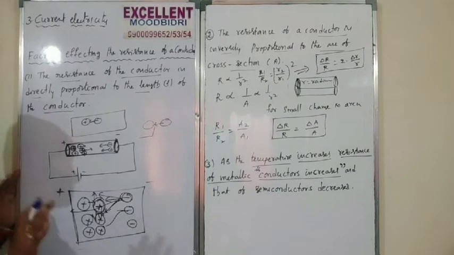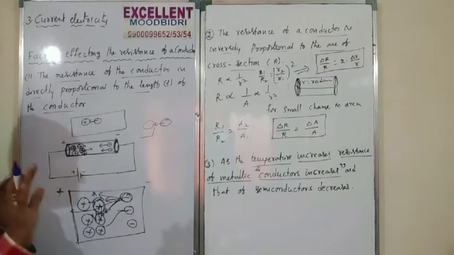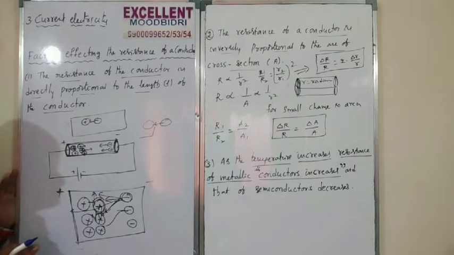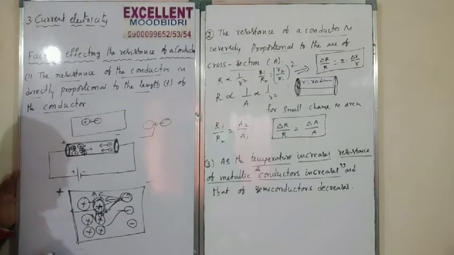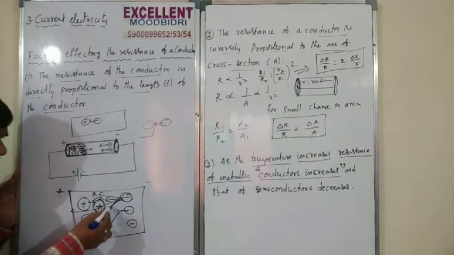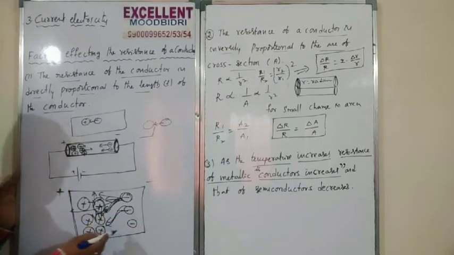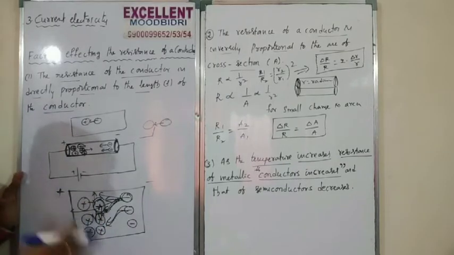That means the flow of electrons will take more time. So the opposing nature is more. Vibration is more, so the opposing nature will be more.